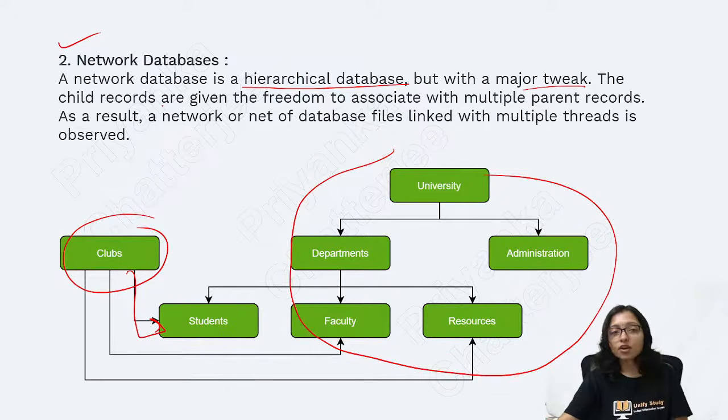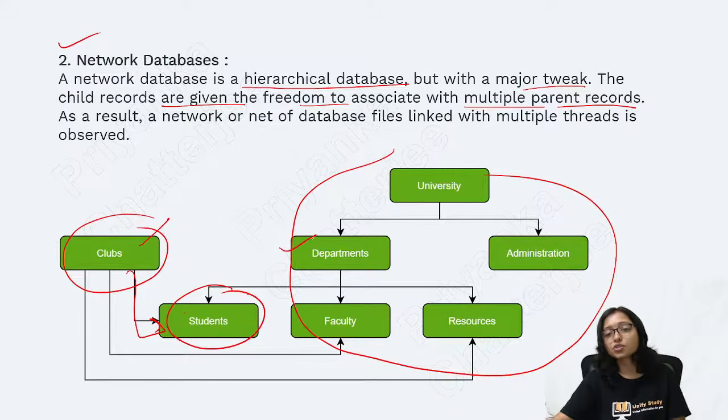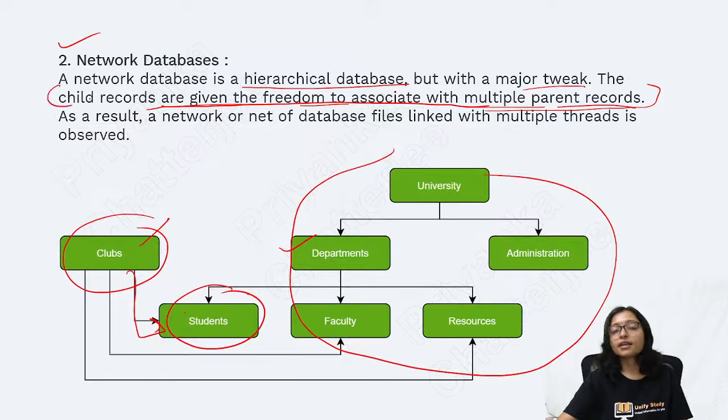The child records are given the freedom to associate with multiple parents. So it can associate with the club also, and with the department also. That's why it is called the network database. And remember this line: the child is given the freedom to associate with multiple parents.